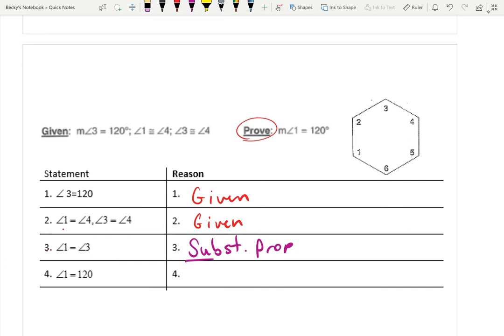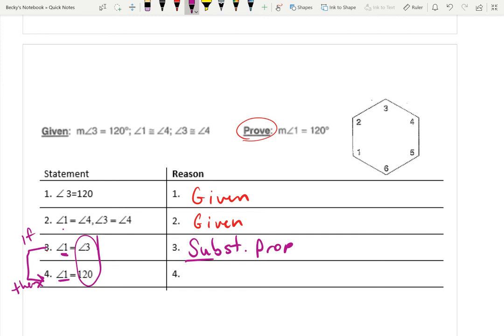Now, you cannot think of each step as an island, okay? They're stepping stones. You're not on an island by yourself. It's a stepping stone. How do you go from 3 to 4? This is your if. This is your then. What's happening? Now, here's angle 1. Perfect. But these aren't the same. But what do we know about those?